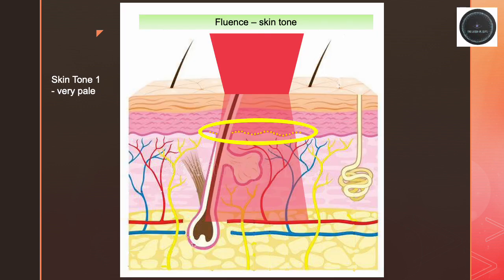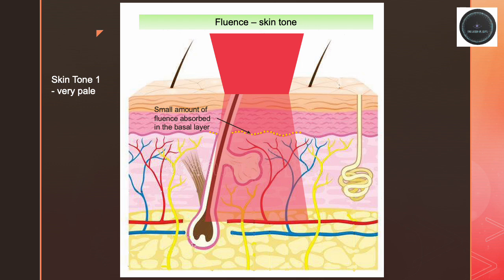So let's go back to the skin tone again, just to see what effect this has on the fluence. Well, if we have a very pale skin tone here, I'm calling this skin tone 1, so there's only a relatively small concentration of melanin in the basal layer, then the light will try to penetrate through that layer, but a small amount of the fluence will be absorbed.